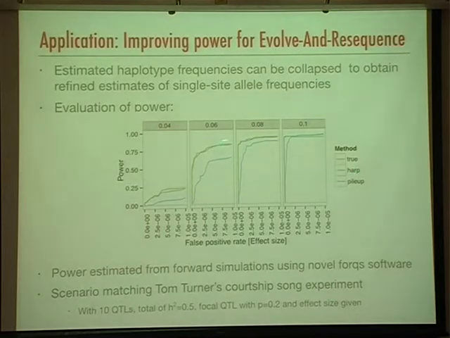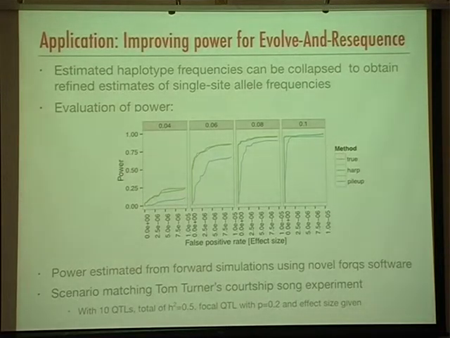The red line is what you get if you actually had access to the true haplotype frequencies. And the green line is what you get if you estimate the haplotype frequencies using our approach. So we can't improve the power better than knowing the actual haplotype frequencies, but we've at least removed the issues that arise with having all the next-gen sequencing involved.